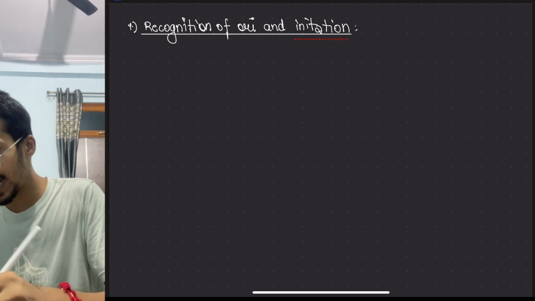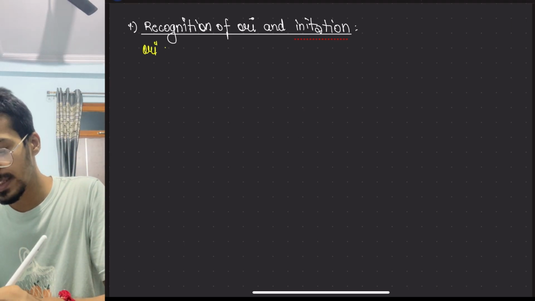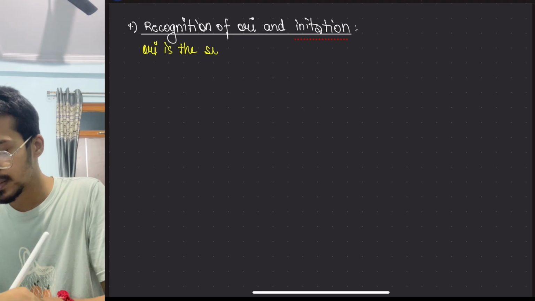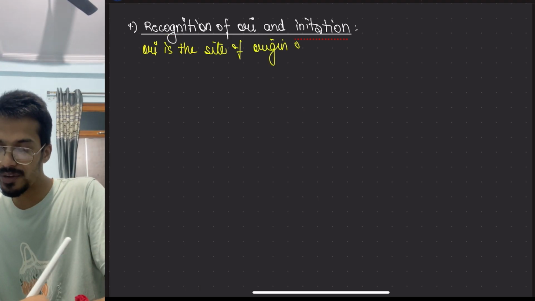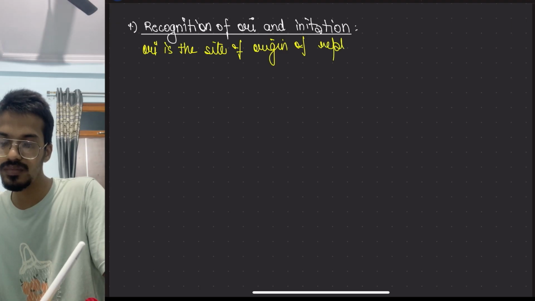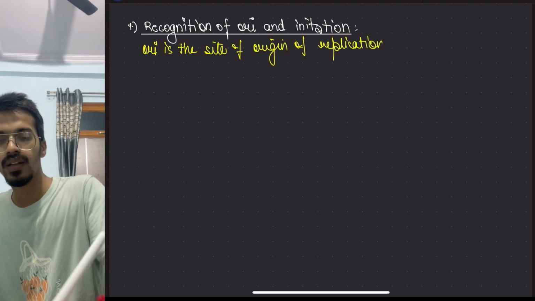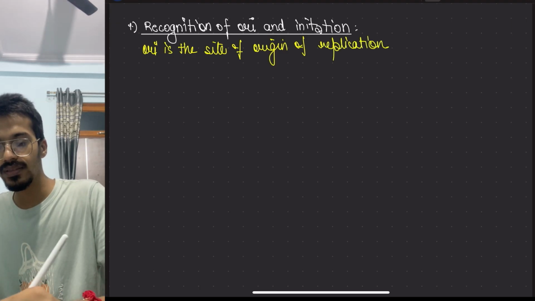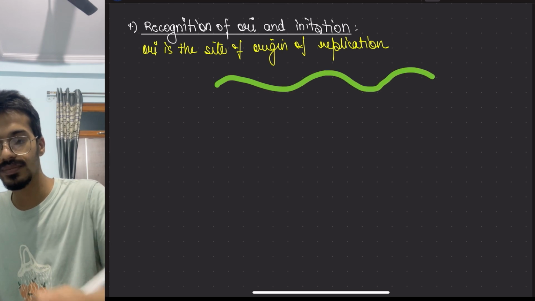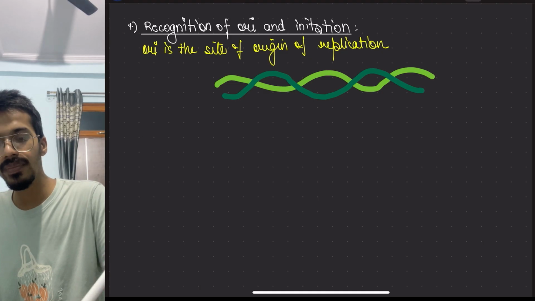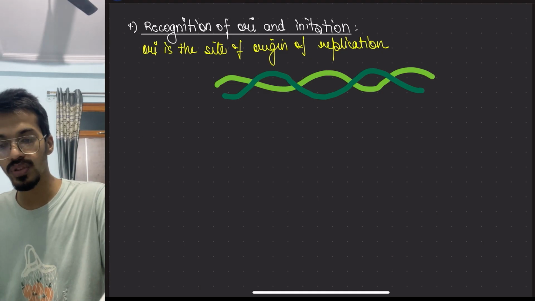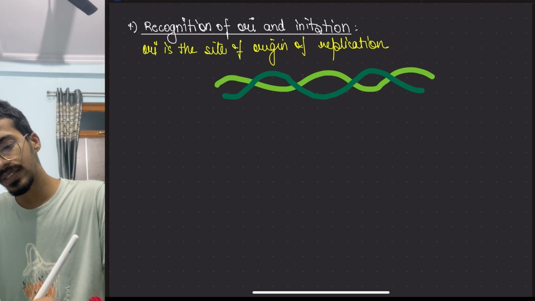So what is going to happen? ORI is the site of origin of replication. For example, if I am making a DNA strand, this is one DNA strand. Maybe the site I am talking about may be present at this point. So this is the ORI.